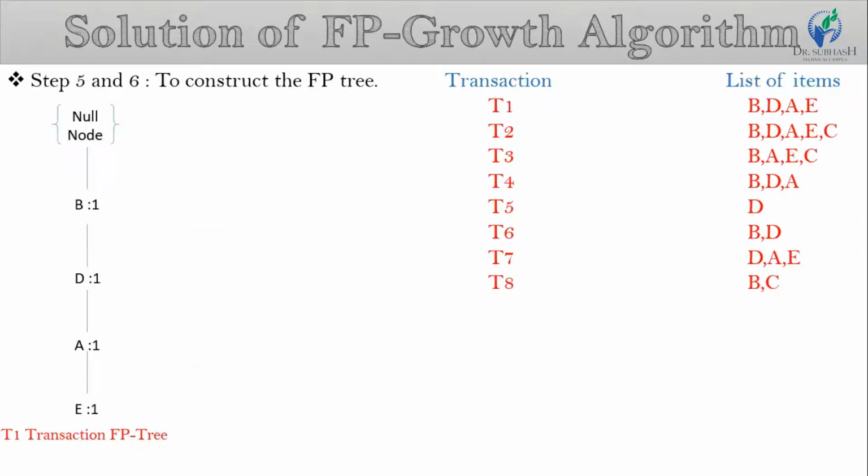Then, in the second step, we update this figure by entering the items of row 2, meaning transaction T2 includes B, D, A, E, C items.